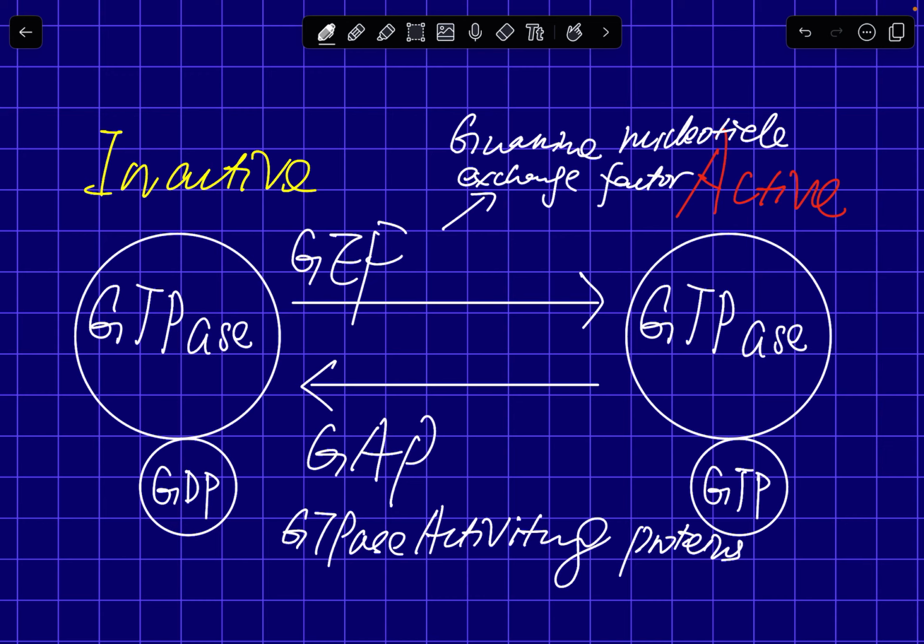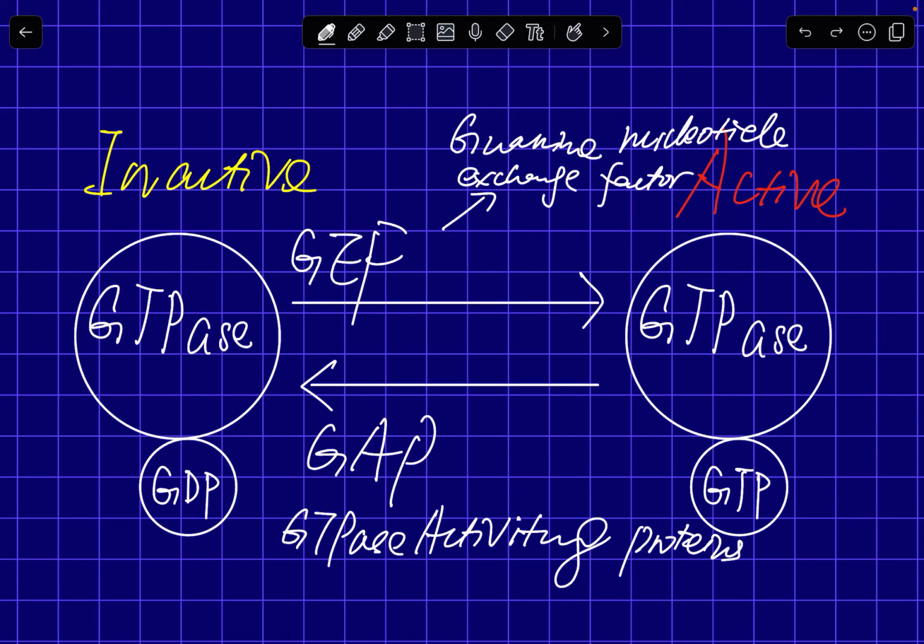It will get rid of one phosphate group to turn GTP into GDP. Okay, so here, the name is really weird. The GTPase activating protein. It seems like GAP is something I use to turn it on because it has activating in its name. No, it really is the activation of the formation of the inactive form of GTPase. Okay, I hope that makes sense.